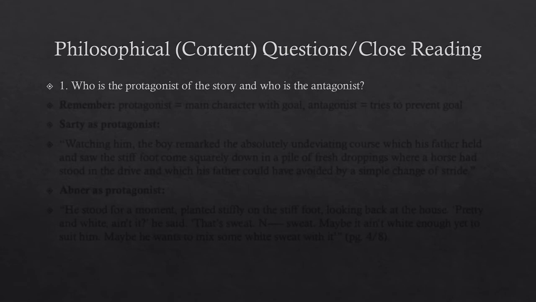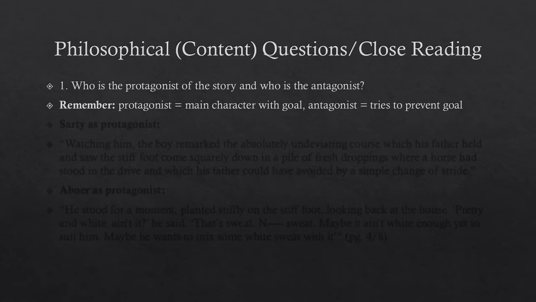So one thing that's helpful, I think, to understanding how both of these characters could be considered the protagonist by readers is the basic narrative structure I mentioned on the first slide that you don't necessarily get in other genres, but that you always get in fiction, which is a protagonist is a main character with a goal. An antagonist is someone who tries to prevent that goal.